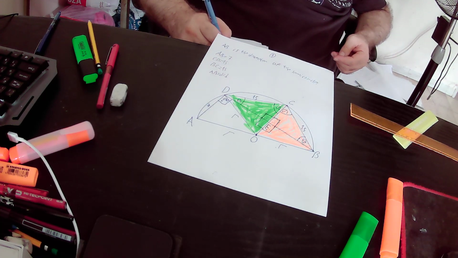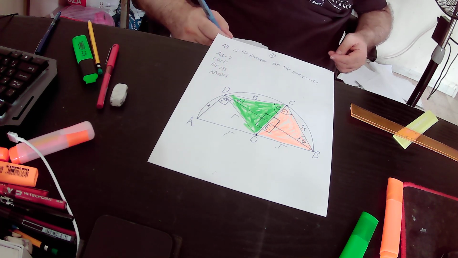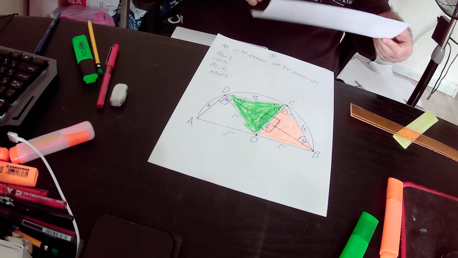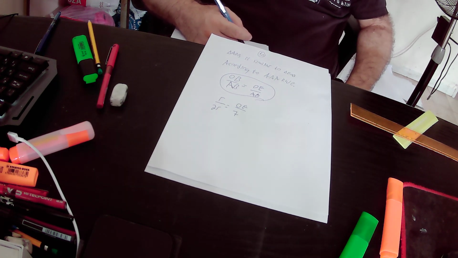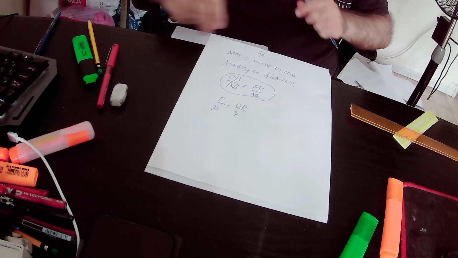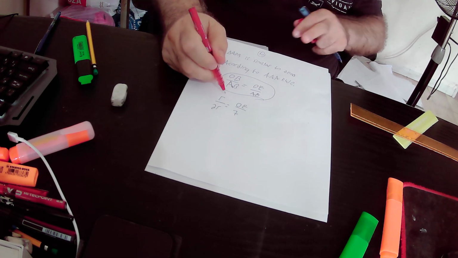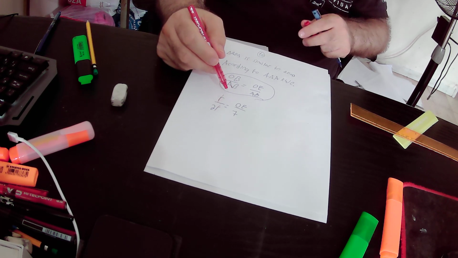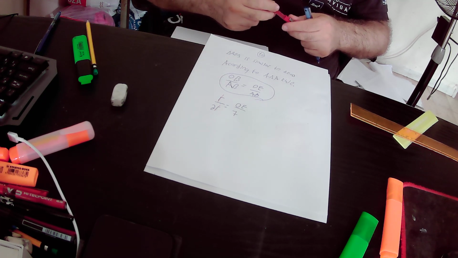What is the size of AD? AD equals 7 units according to what is given in the question. So here we have R over 2R, and R over 2R is 1 over 2, so R is cancelled. Here we multiply this equality by 7 in order to get the value of OE.